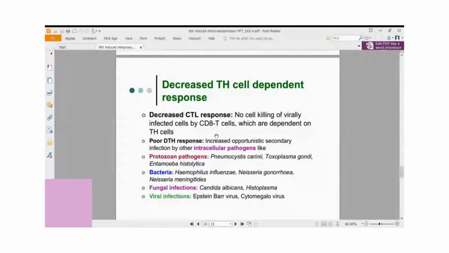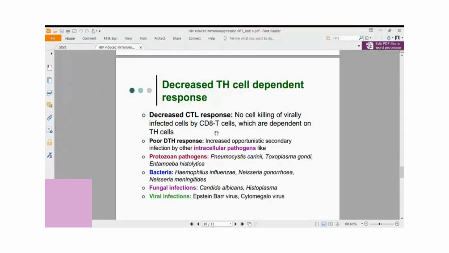Identifying each and every cell that is going to present now on the class 1 MHC the viral antigen. And once it presents the viral antigen on class 1 MHC, we had seen how CD8 T cells are capable of causing cell lysis. That is, by getting themselves attracted to the infected cell and binding to that cell.